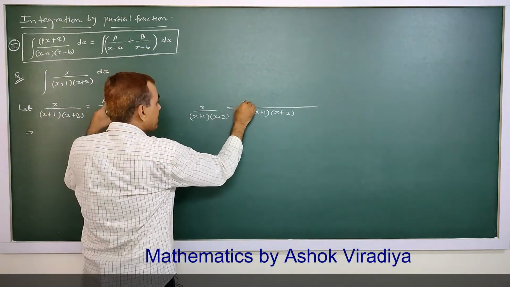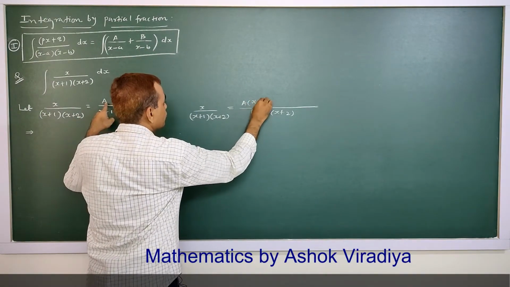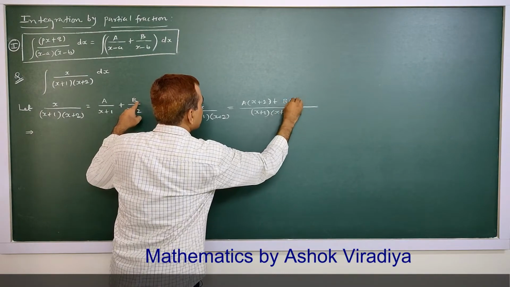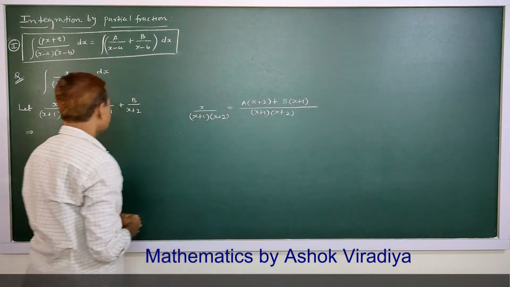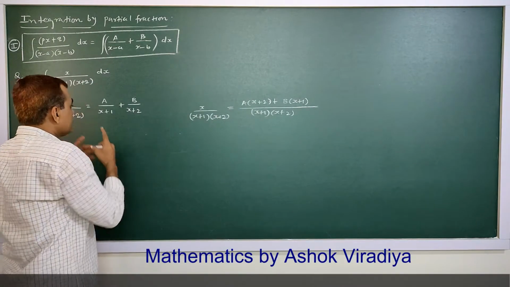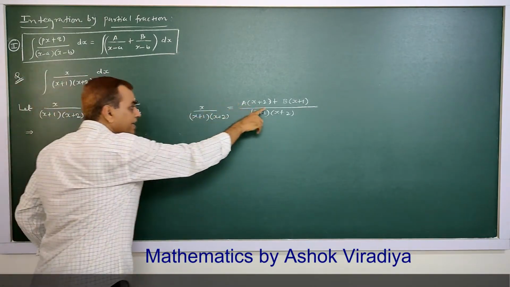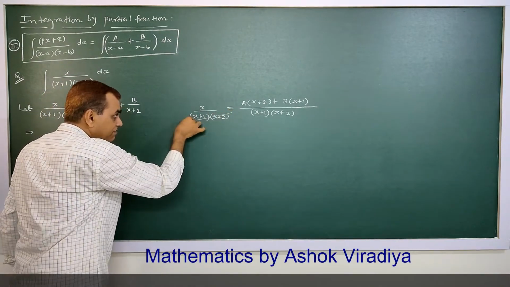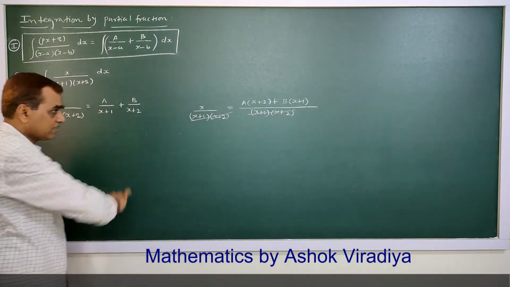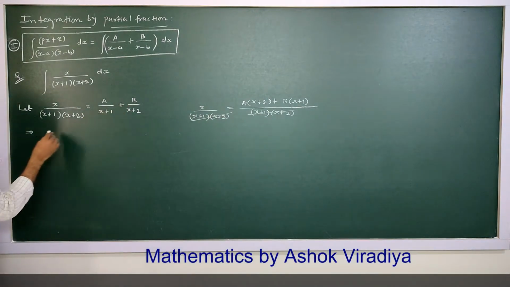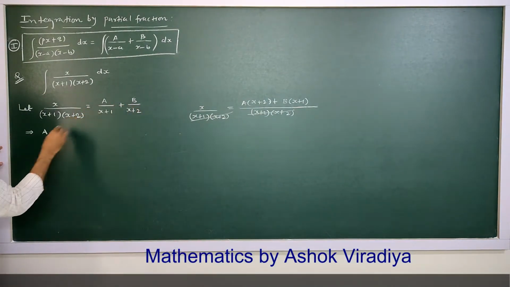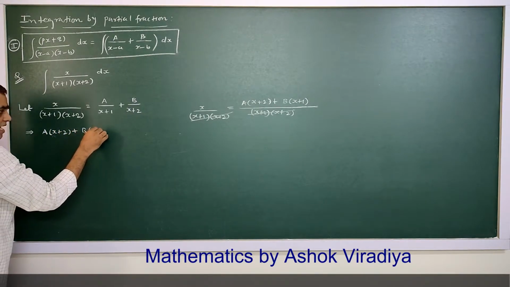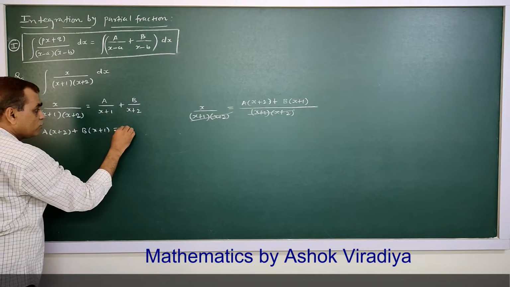A will be multiplied with x plus 2, B will be multiplied with x plus 1. So taking LCM on the right hand side, this will be the next step. Now if we cancel, this will be cancelled. So what is left? A into x plus 2 plus b into x plus 1 equal to x.